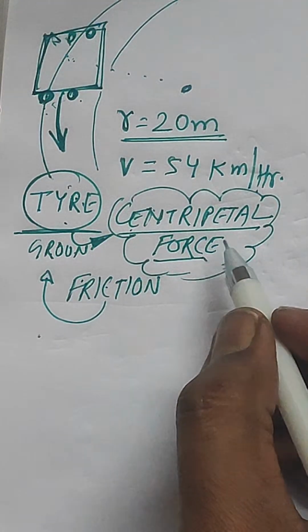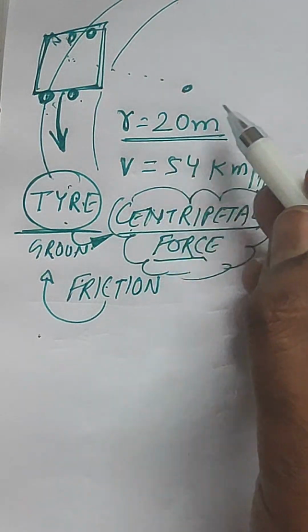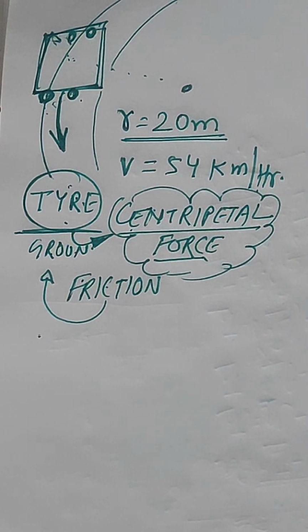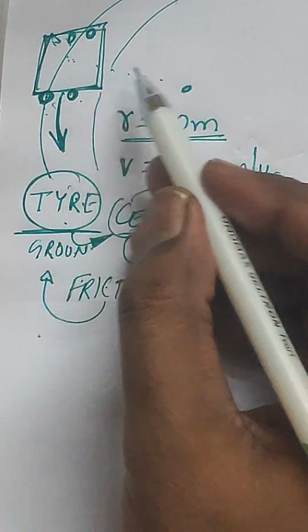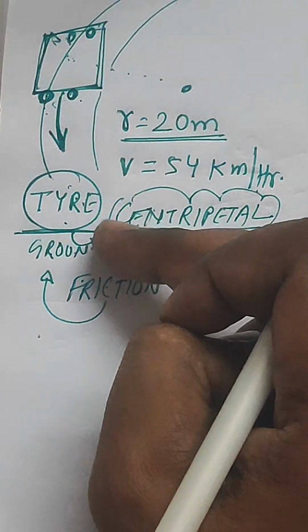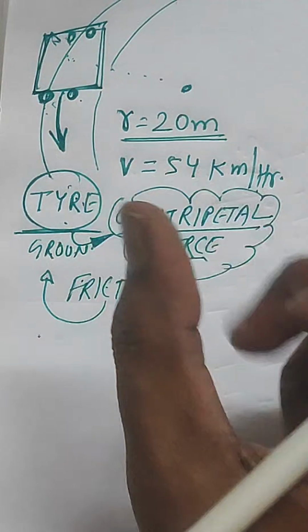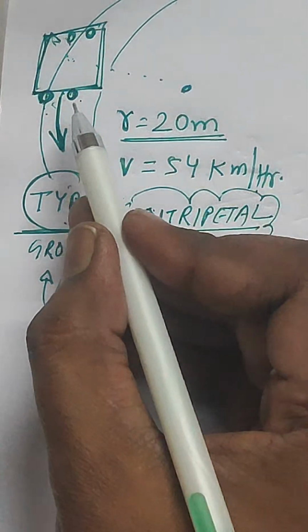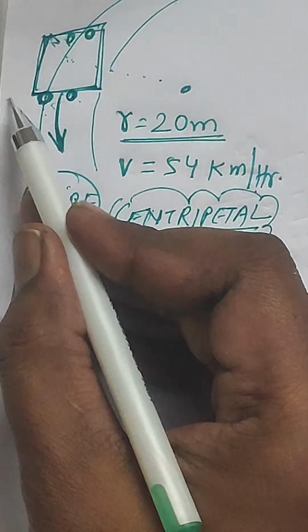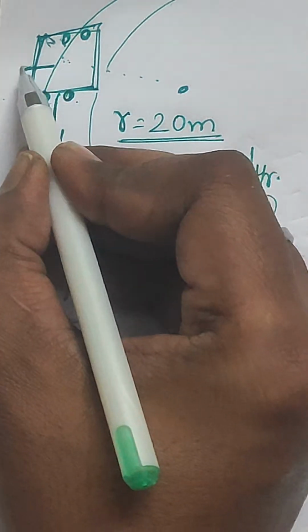Now, if the centripetal force required for the circular motion is more than the maximum friction force possible between the tire and the ground, there will be a tendency for side slipping. The tire can slip and go out of this track. So let us draw the free body diagram over here.